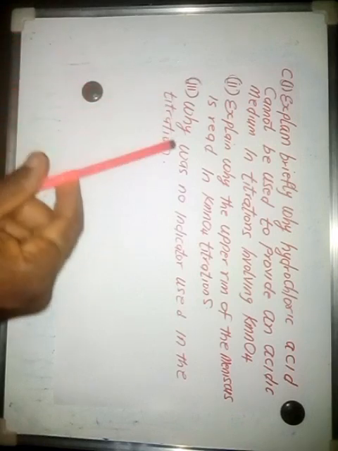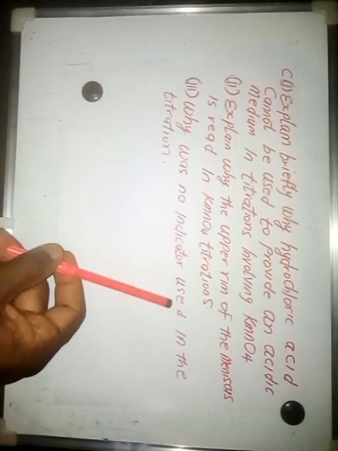So the last part, why was no indicator used in the titration? If you notice, we didn't add any indicator. But one other thing you should know: during the titration, when you've added your acid to your conical flask, which contains your iron(II) sulfate, you start to add the KMnO4 from your burette and you shake until you get a consistent color.